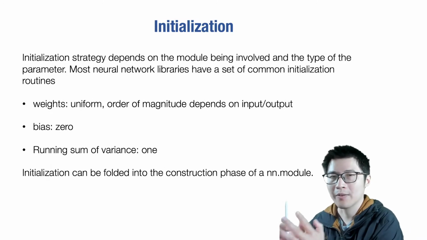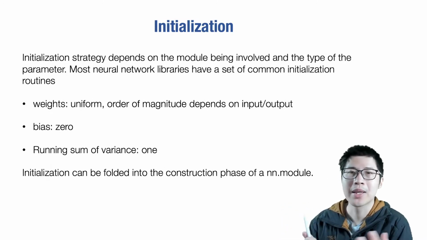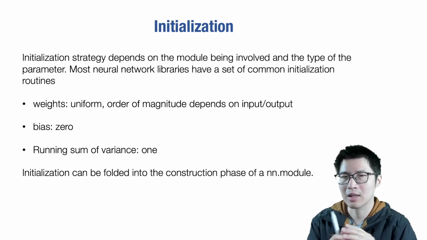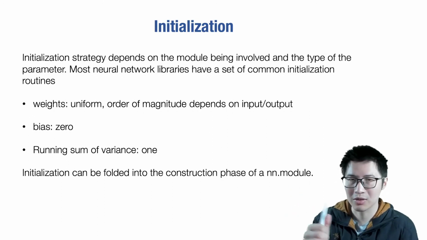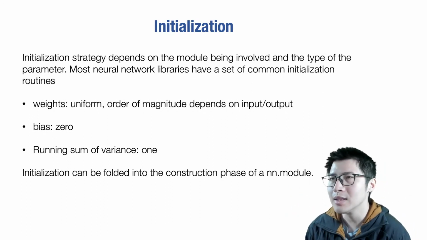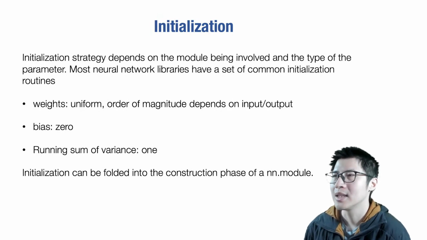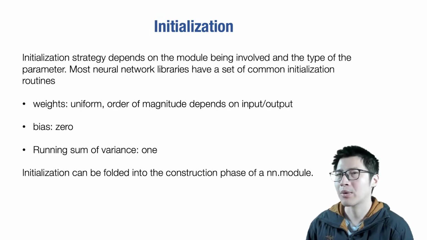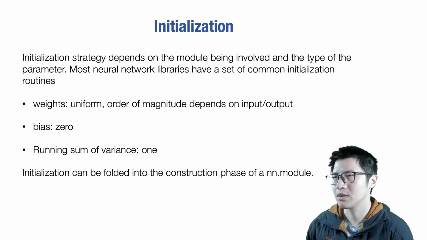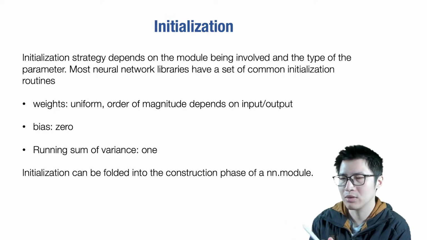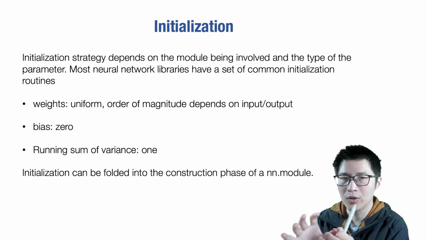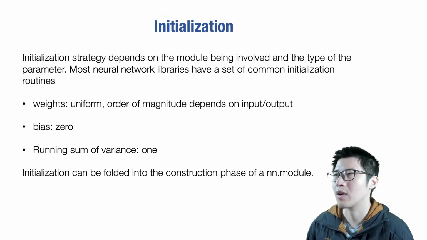If I initialize the values to be too big, then after a few layers of propagation our values will explode and become very big. So most neural network libraries come with a set of initialization routines that try to control the magnitude of the weights depending on the neural network architecture, so that the overall magnitude of values does not change very much.